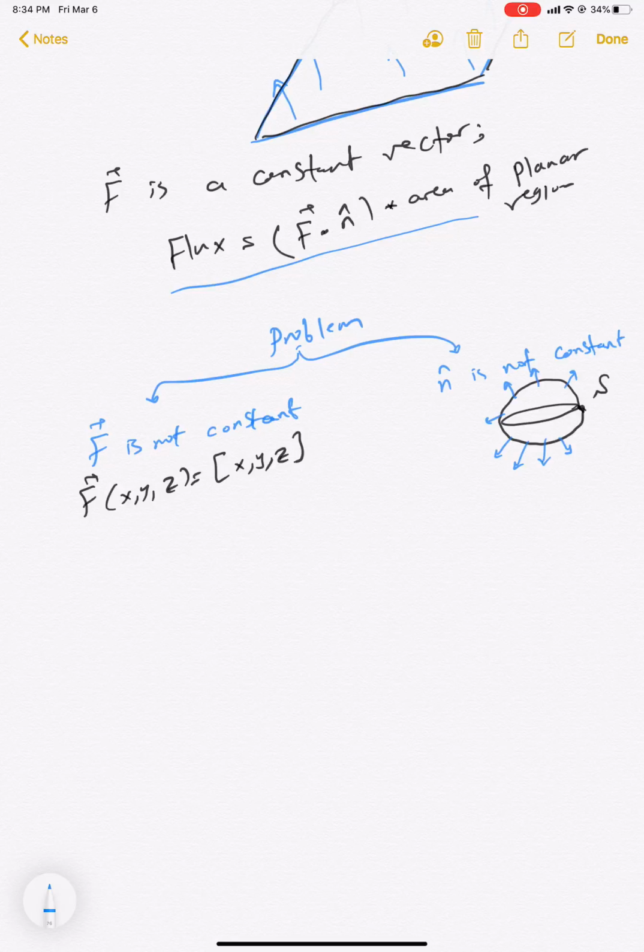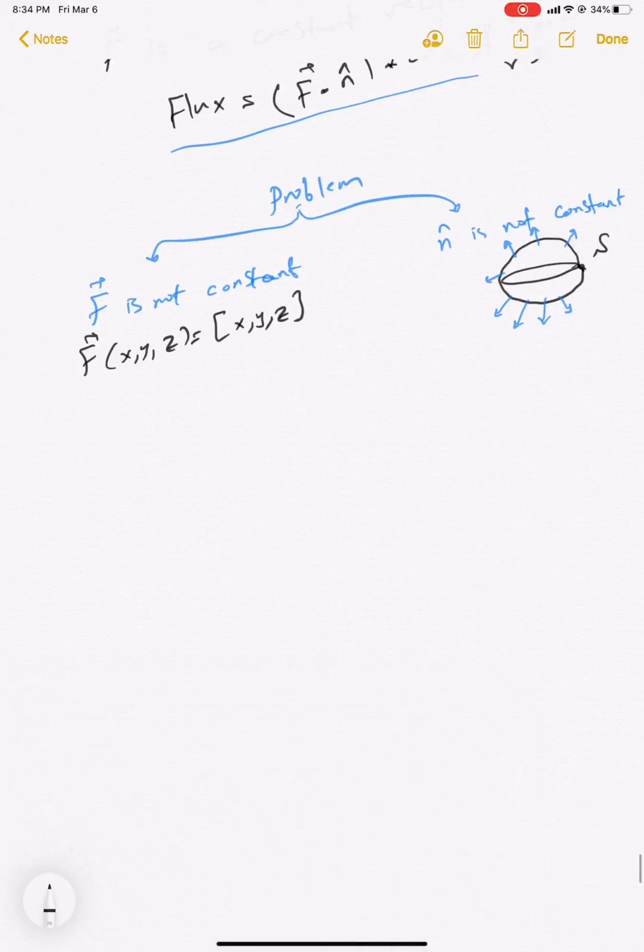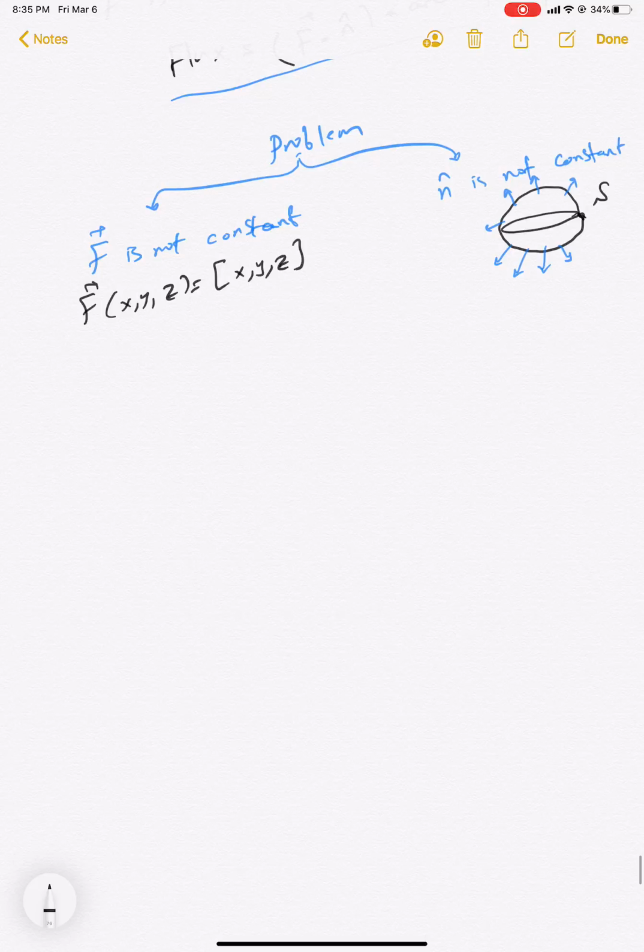So this is our concern, and this is the trigger behind surface integrals. So in this part of the course for surface integrals, in fact, they are sometimes called flux integrals. For this reason, for what we are discussing now, flux integrals.